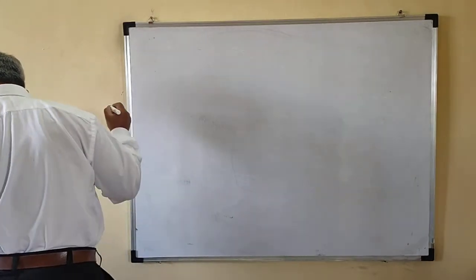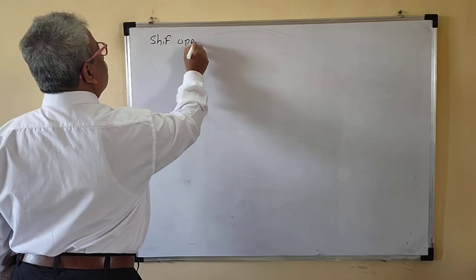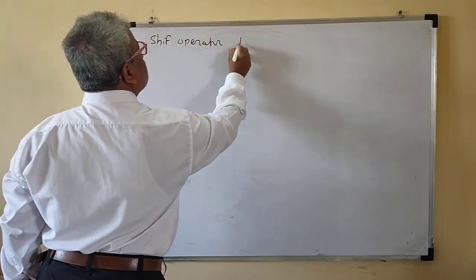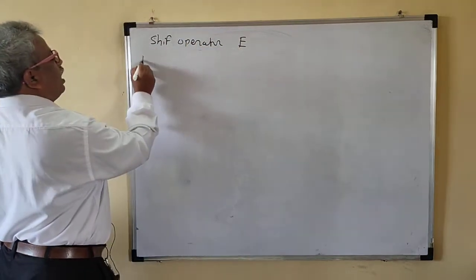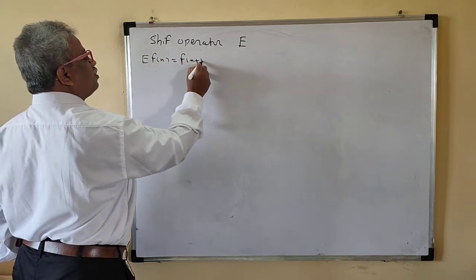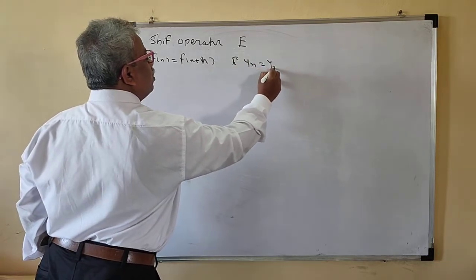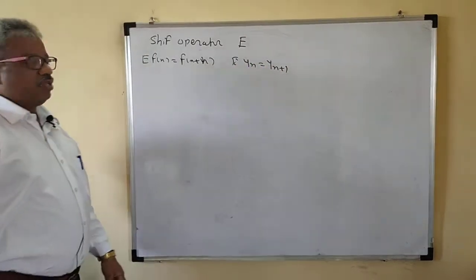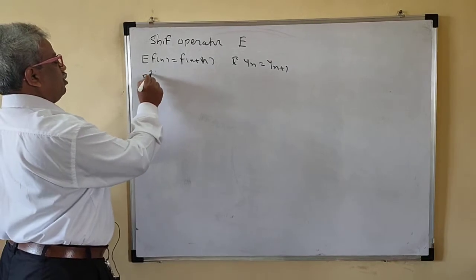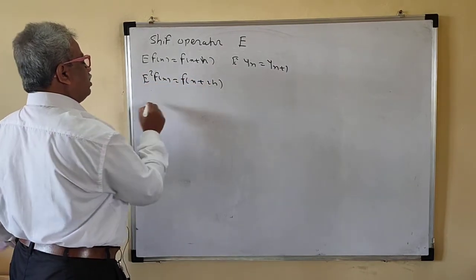After that, the important thing is shift operator. This is denoted by E and is defined as E f of x is f of x plus h. E yn is the same as yn plus 1 and so on. E square f of x is f of x plus twice h.